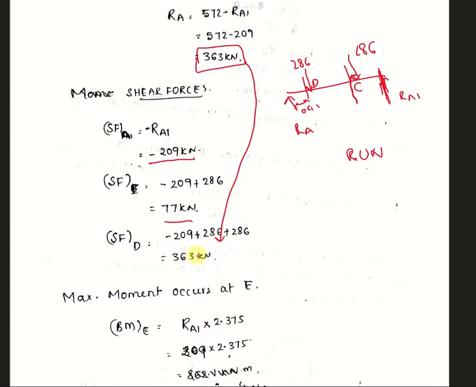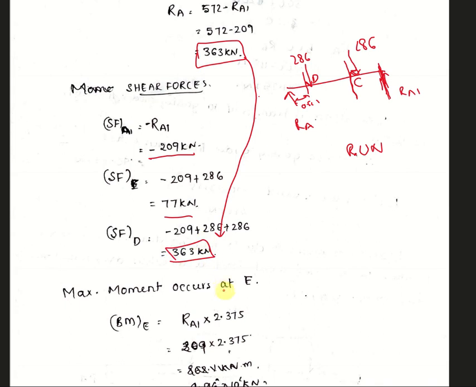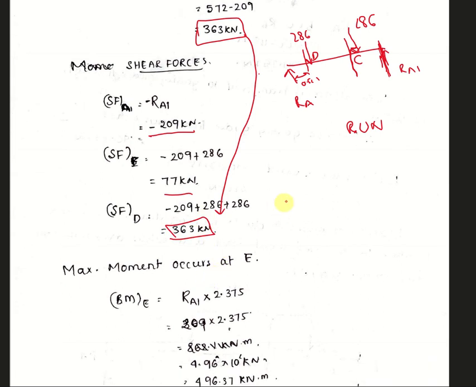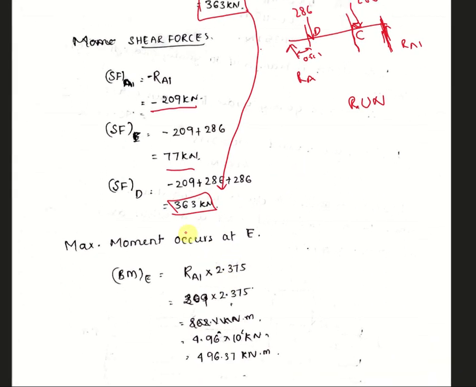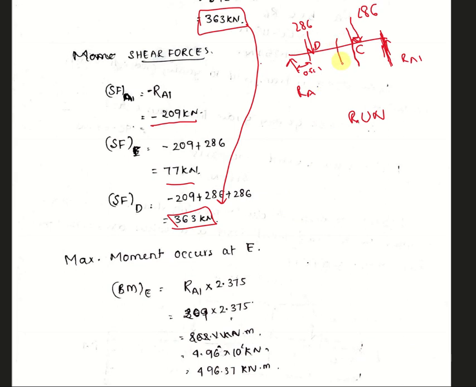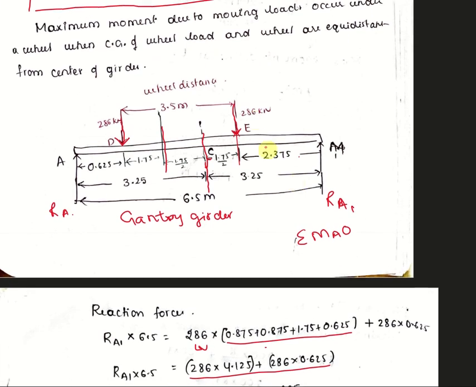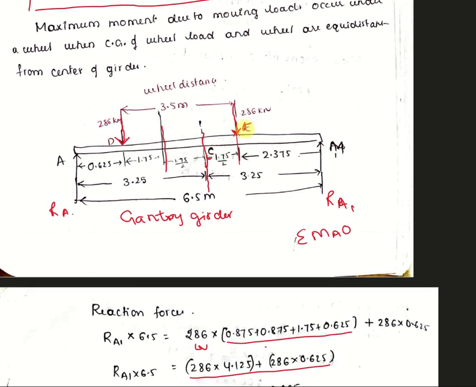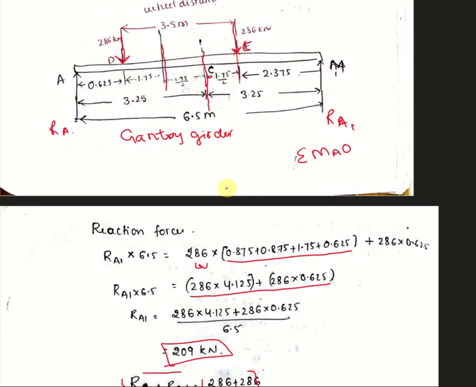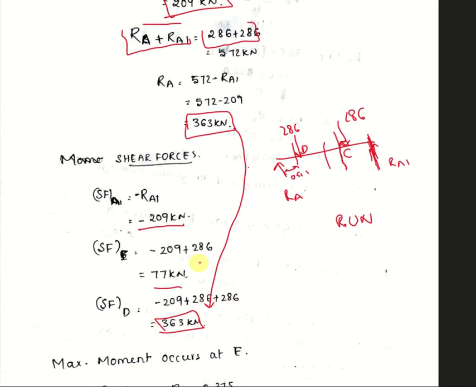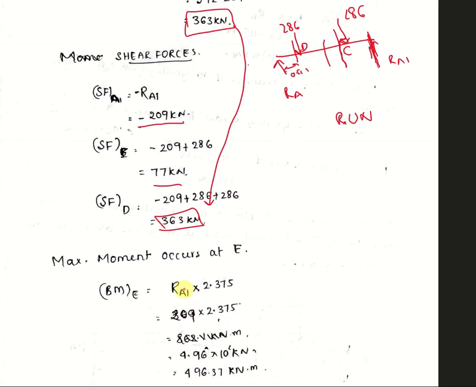So the maximum moment occurs at point E. That's a new point we have to consider. So BM at E, which is at this distance. At this point we will have the maximum moment, so we are directly calculating the moment there.